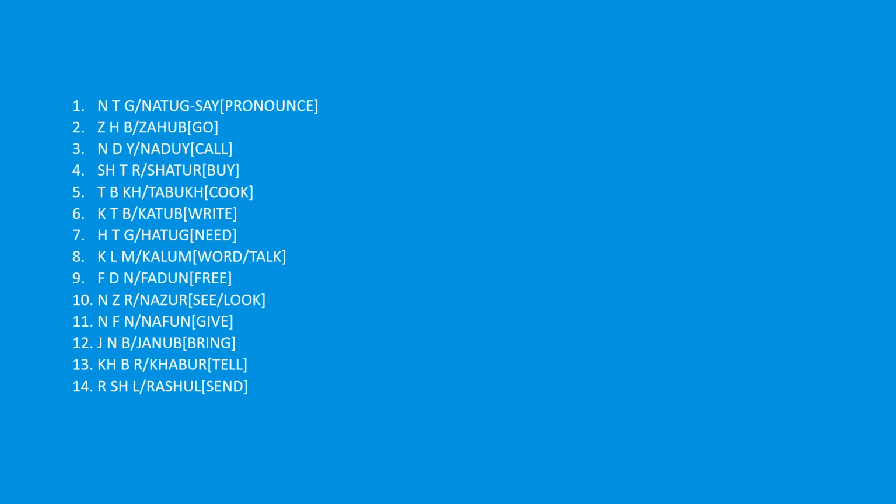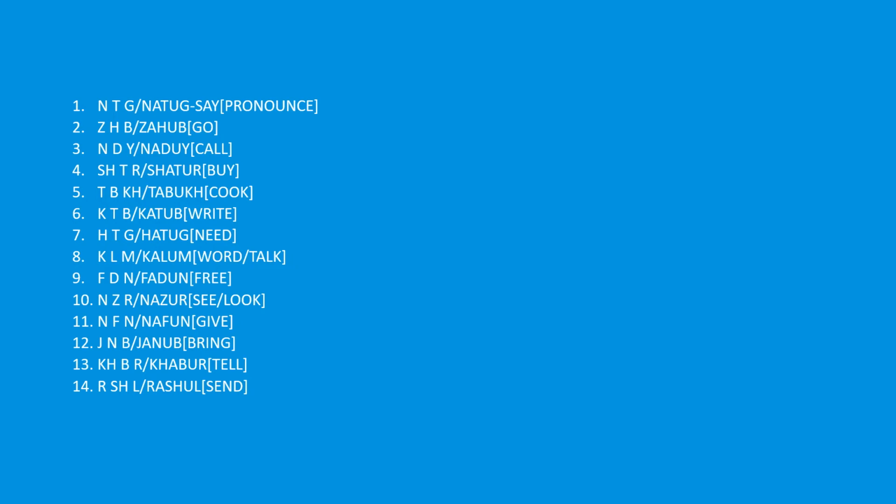So if the letter J is soft, the vowel A that precedes it or comes after it has to be soft. And a soft sounding A is as in after, apple, right? So this word would be pronounced janub.